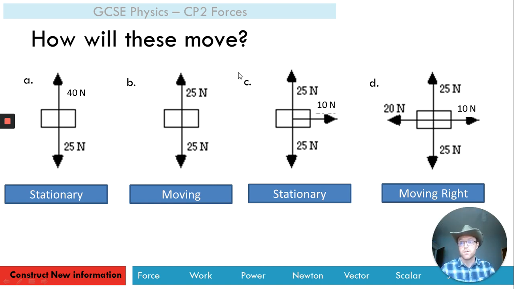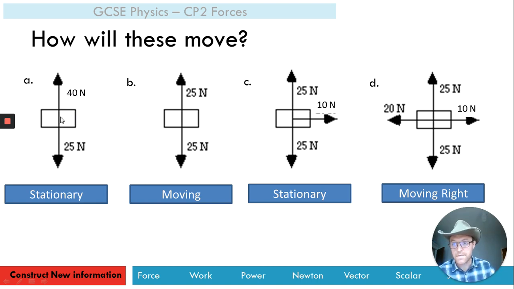Okay? So in A, we have an object, as shown. The object is represented by the rectangle. It's stationary at the moment. It has a 25 Newton force acting down and a 40 Newton force acting up. Remember, newtons are the unit for force.